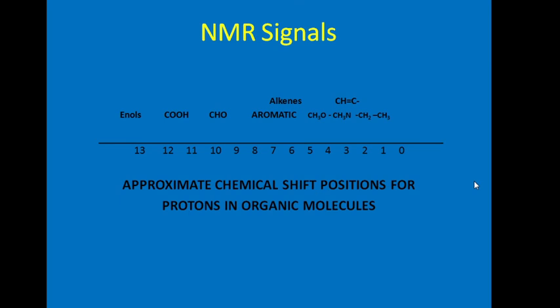So the basic criterion for a molecule to be UV visible active is that it should have unsaturation. Only then are you going to get the spectrum in that region.